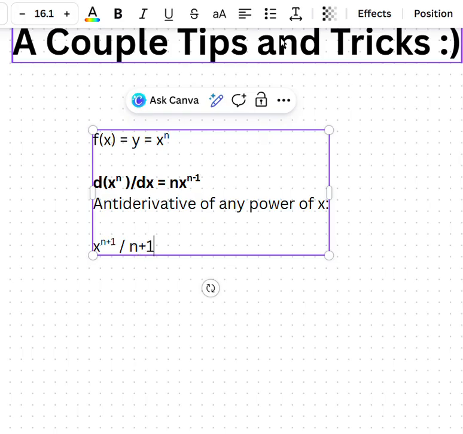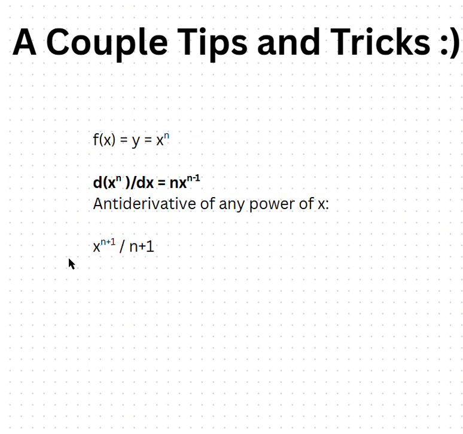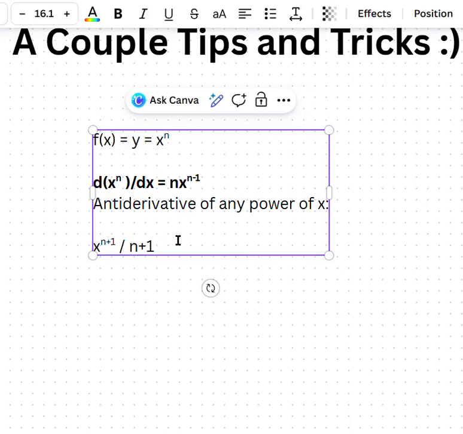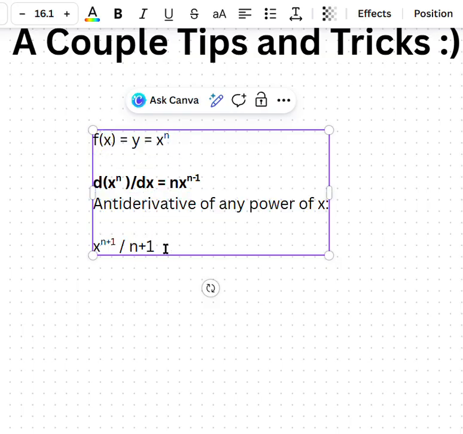You can see there are slight similarities when you try to find the derivative and the antiderivative, but the proof of these I also need to try and understand. So if you guys know, you can let me know in the comments below.